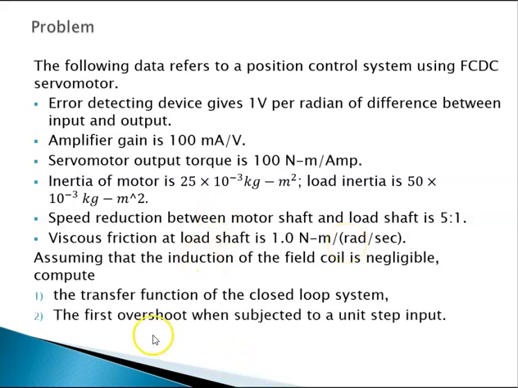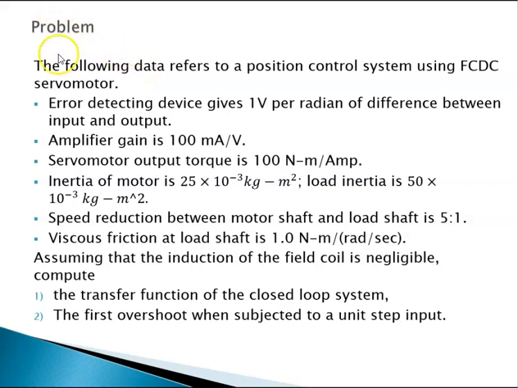We have to find what is the transfer function of the closed loop system and show the first overshoot when this system is subjected to a unit step input. This quantity first overshoot is also called peak overshoot.